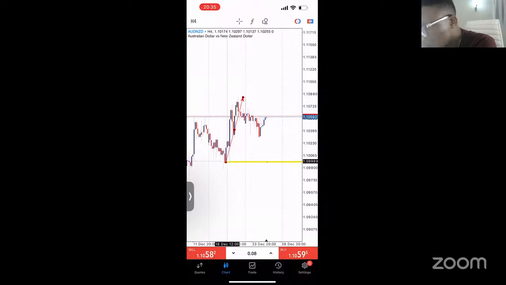The low is 1.0998, then the highest was 1.1083.